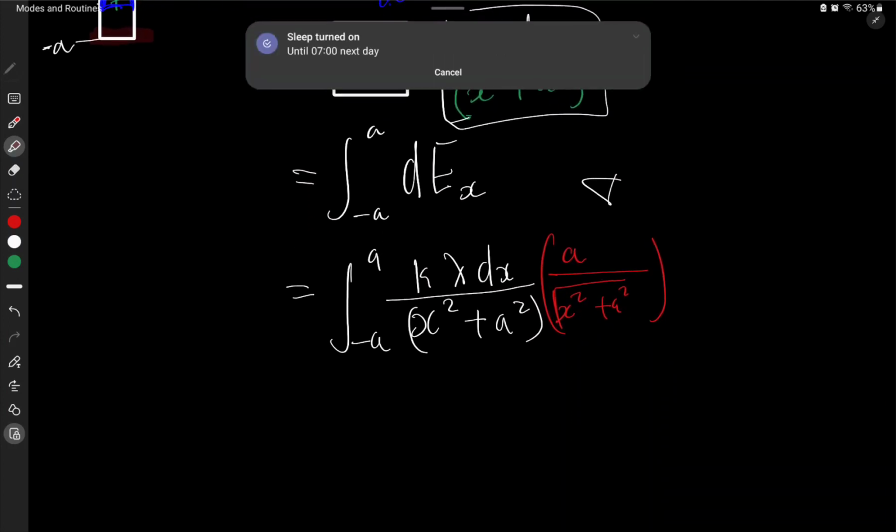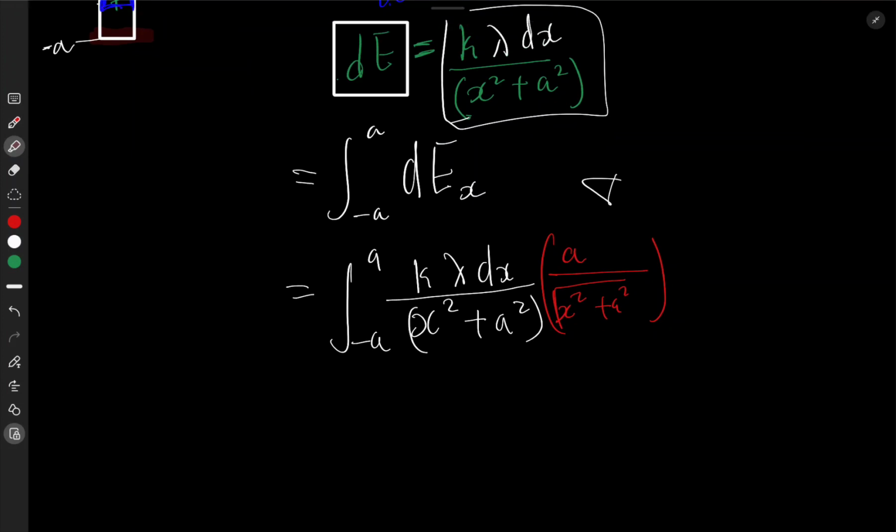So I can remove the negative, and I'll only integrate from 0 to a and multiply by 2. So I'll have a 2 here waiting for me.